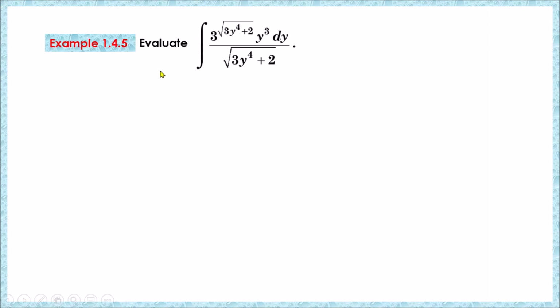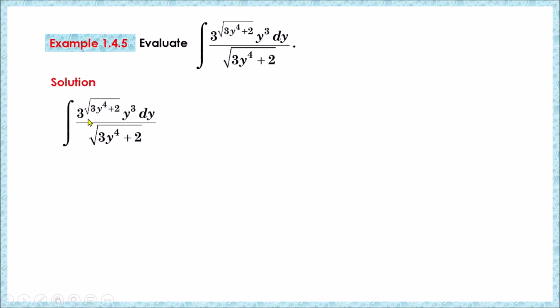Example 1.4.5. Evaluate the integral of 3 to the square root of 3y to the fourth plus 2 multiplied by y cubed dy over square root of 3y to the fourth plus 2. Solution.